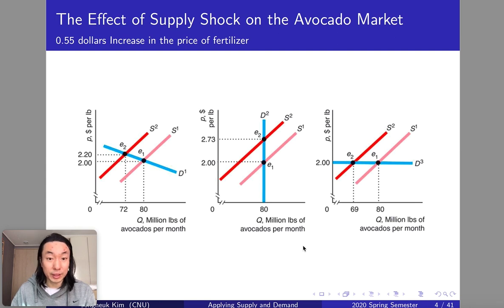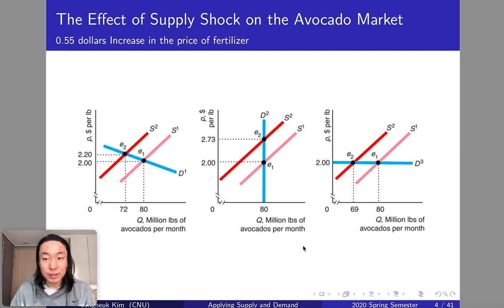That's the normal thing, right? But in the second and third graphs, it is really different. In the center graph, there is no decrease in equilibrium quantity, but there is a huge increase in the equilibrium price level, right? On the right side, there is a huge decrease in the equilibrium quantity, but there is no change in the equilibrium price level, right?